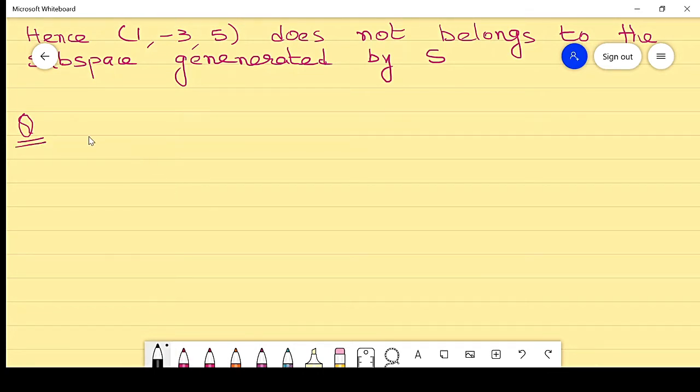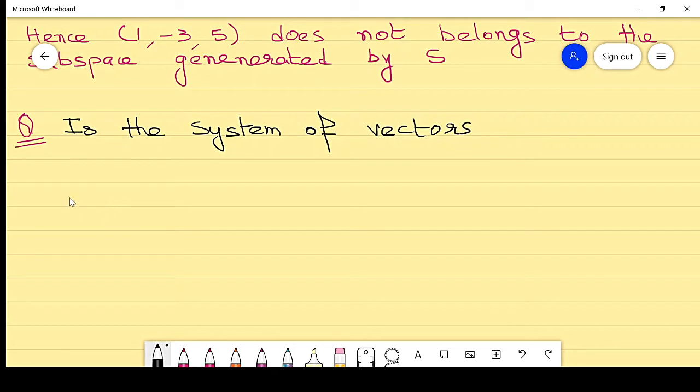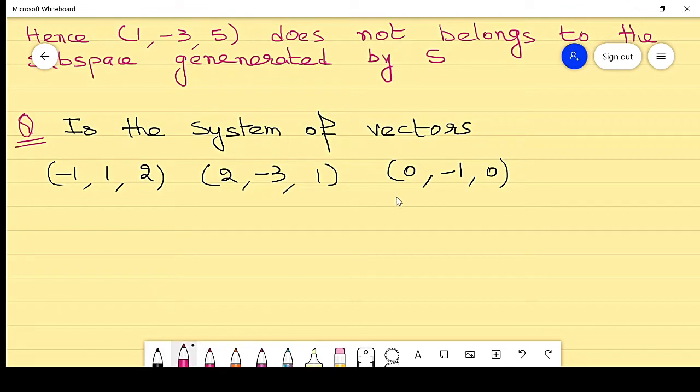Question: is the system of vectors, given as minus 1, 1 and 2, second 2, minus 3 and 1, and third 0, minus 1 and 0, linear dependent?